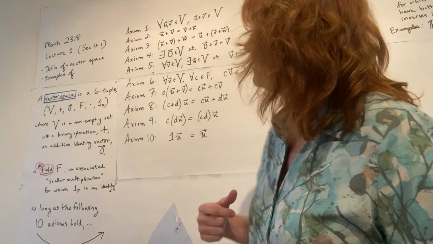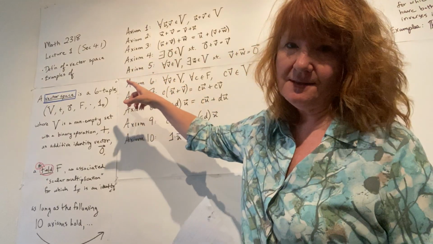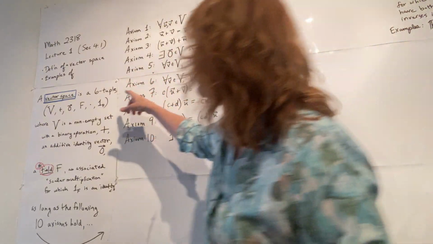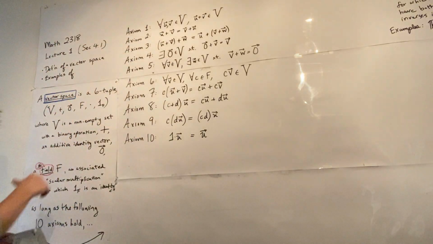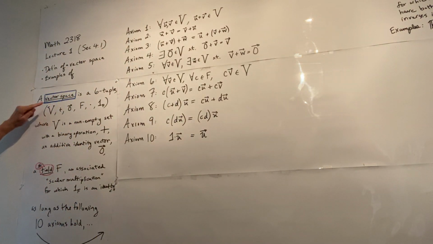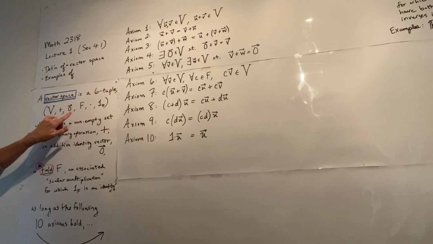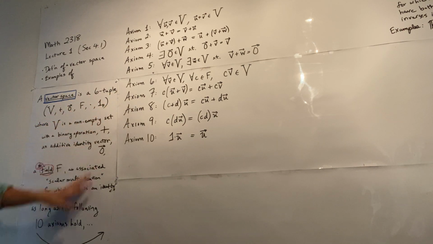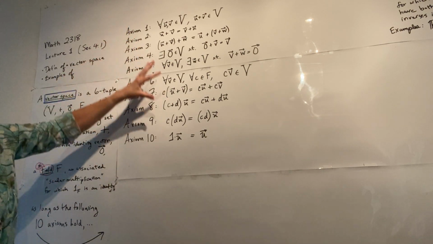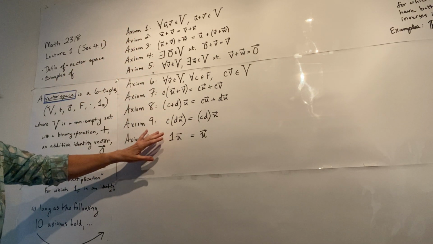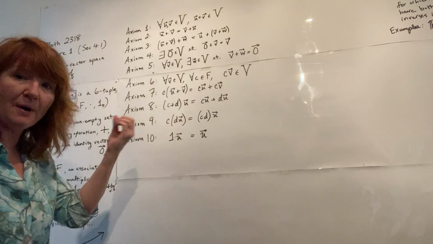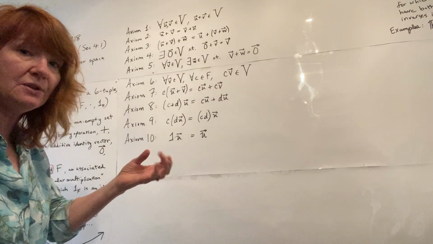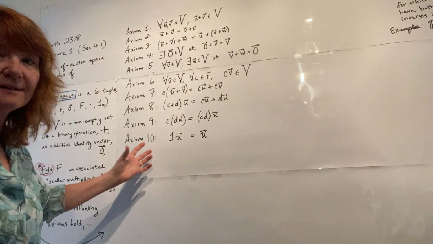All right, so starting with the definition of a vector space, okay? So a vector space, what is that? That is a six-tuple, meaning there are 6 objects required and they have to satisfy all these properties, which are called axioms because the properties are just given. We're not proving them to you, we're giving you these, okay?